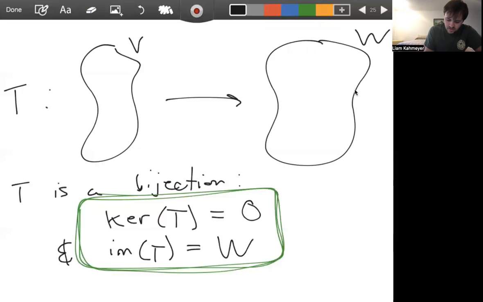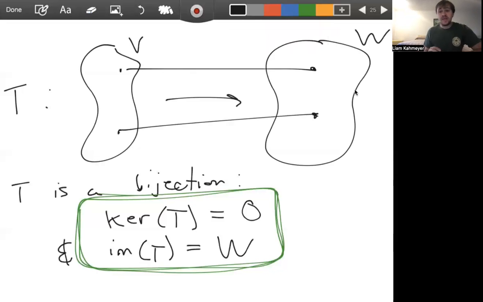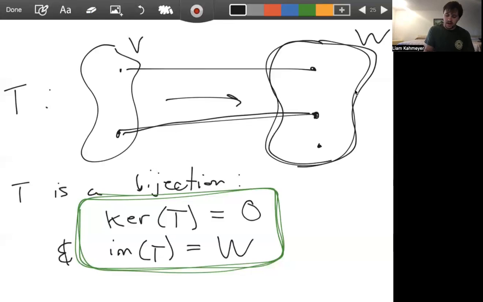And so this is exactly maps which basically you can think about W as a copy of V, but represented differently, right? Because every element in V has a unique element that it's mapped to in W, and everything in W is mapped to, right? So it's 1-to-1 and onto.